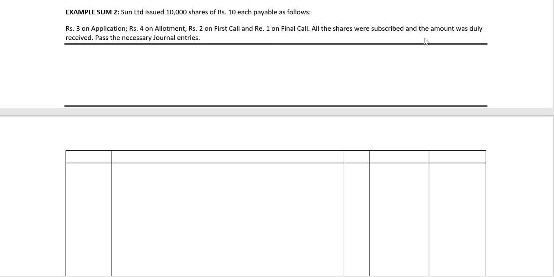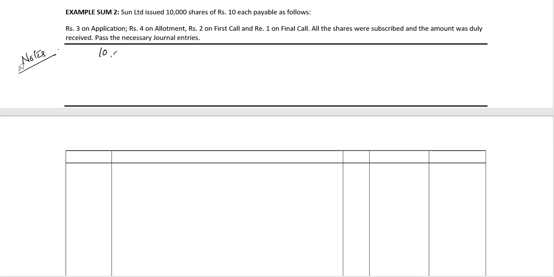All the shares were subscribed and the amount was duly received. We are asked to pass the necessary journal entries. So the amount is payable in installments. Before we go further, we'll make a few notes.